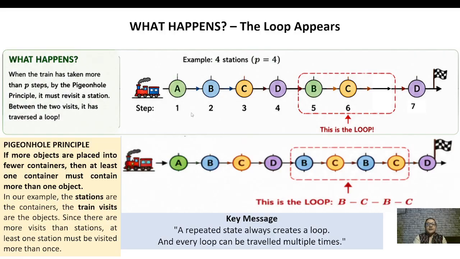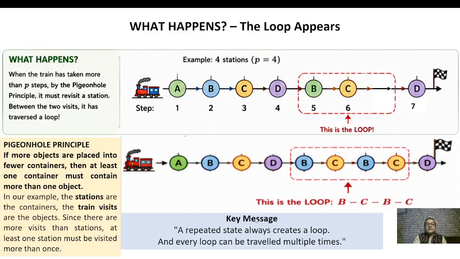Now think like a computer scientist. Each station represents a state of a DFA. So whenever the DFA visits the same state, it means the machine has forgotten exactly how it arrived there. It only knows that it is back in the same state.